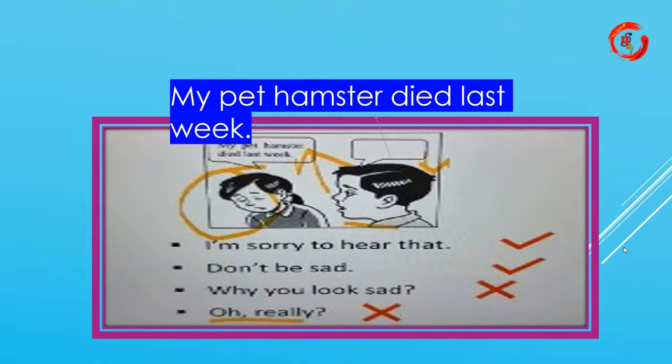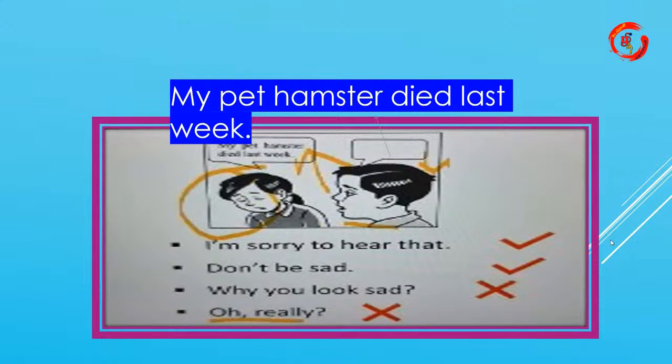Number 2, don't be sad. These two are the best way to say that you are sad or don't be sad. Number 3, look at number 3. Why you look sad? You don't say because this one is a response. So you don't ask after the person telling my pet hamster died last week. Isn't it?